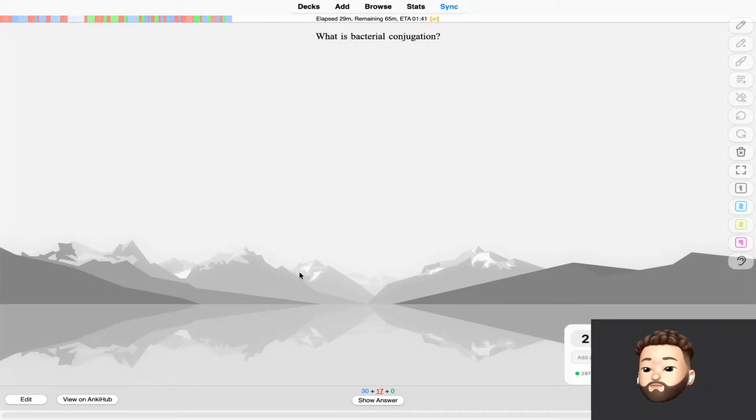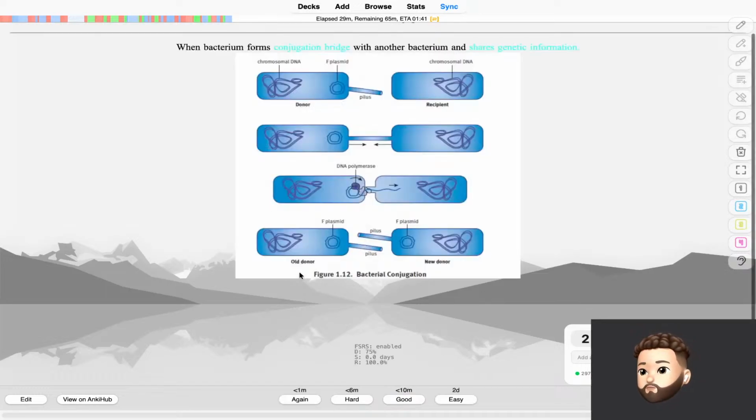More like a quarter way through, but halfway through. What is bacterial conjugation? Bacterial conjugation is when bacteria have a sex pilus, and they form conjugation bridges to share genetic information.